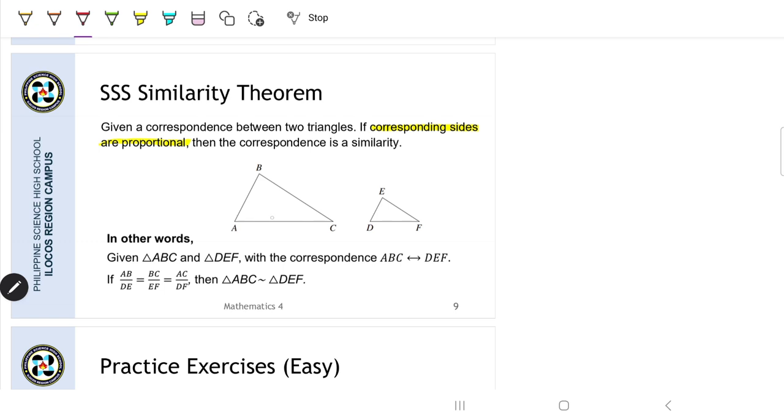If we are given the same correspondence between ABC and DEF, and we can show that the proportions AB over DE equals BC over EF, and it is also equal to AC over DF, then we can say that the two triangles are similar.